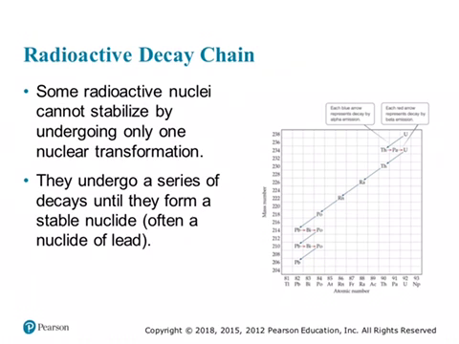That is a stable form of lead. So if you add all these up, it went through a multitude of decays until it finally got to a stable form. And all of these are happening spontaneously.